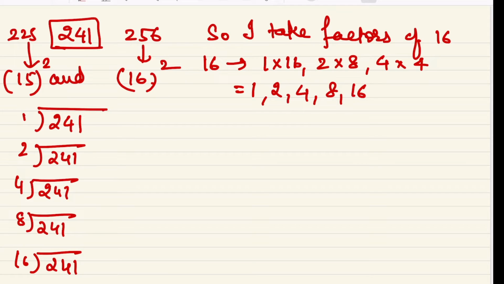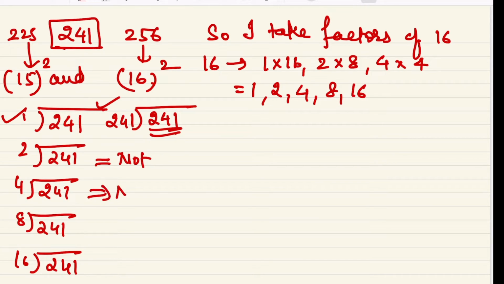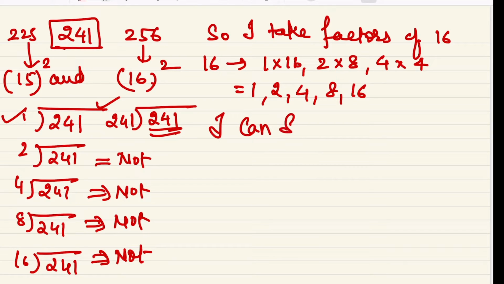I see that 241 is only divisible by 241 and 1. It is not divisible by 2 completely, not by 4, not by 8, and not by 16. So 241 is a prime number because it is not divisible by any of the factors of 16.